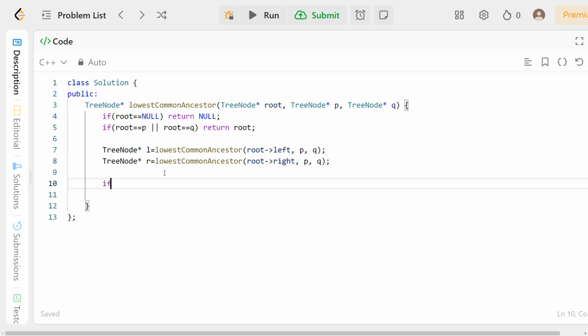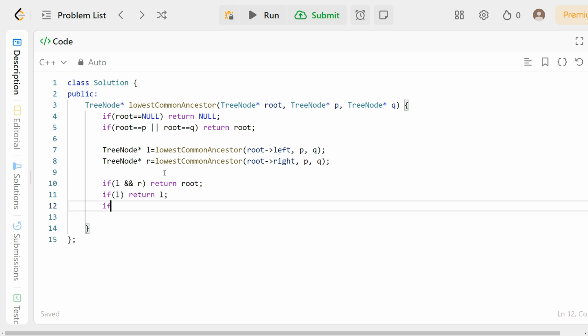Now the three cases arise. If L and R both are not null, return root, because this is my answer. If L is not null and R is null, in that case return L. If R is not null, return R. We discussed it, right? Otherwise, return null.